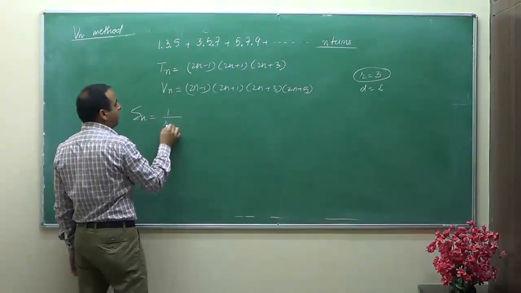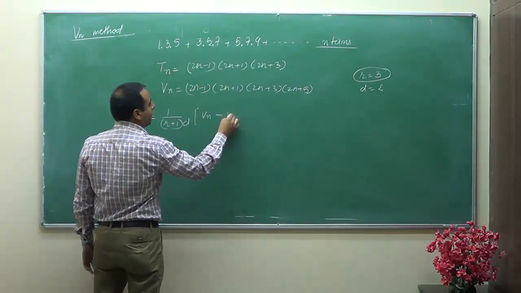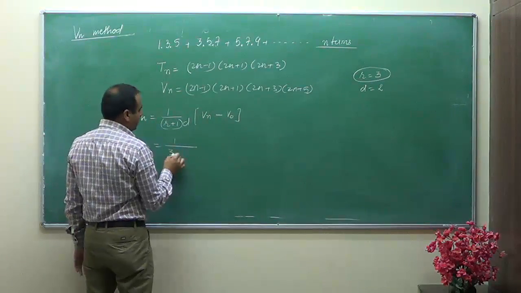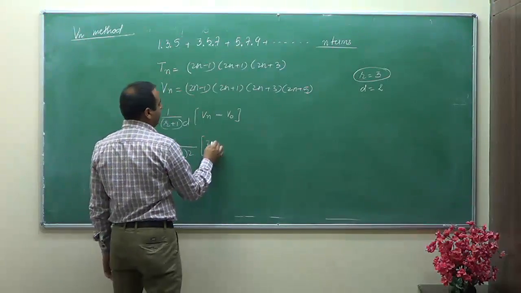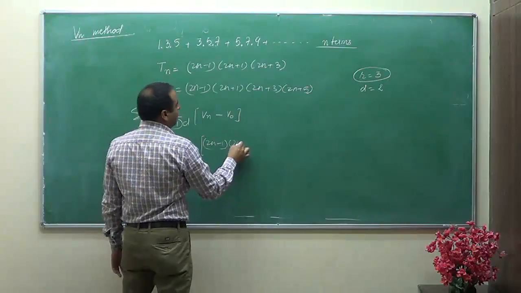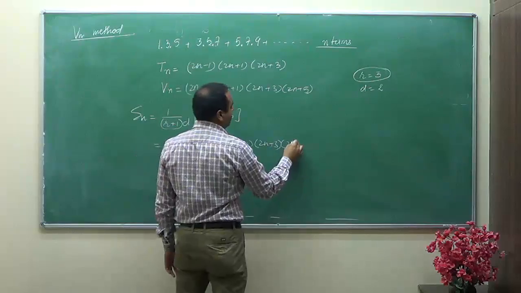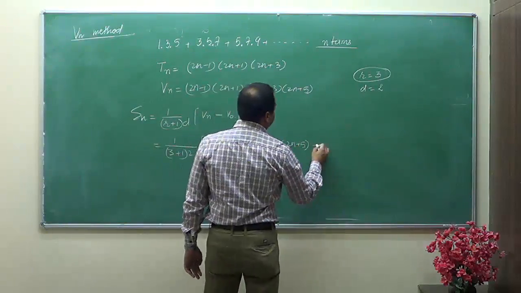So Sn is equal to 1 over (R plus 1) into D, Vn minus V0. R is 3, so 3 plus 1 into 2. The Vn will be 2n minus 1, 2n plus 1, 2n plus 3, 2n plus 5, minus V0.